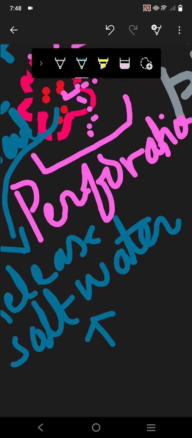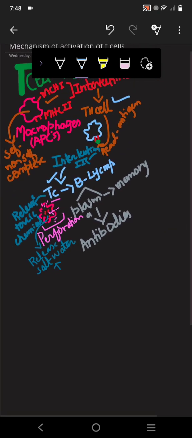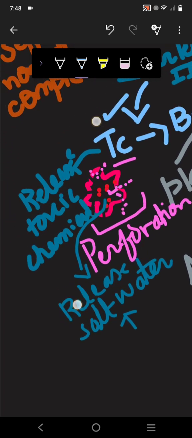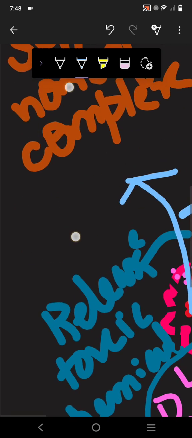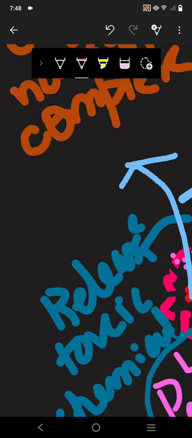Another condition is that an enzyme is released, and that enzyme is known as granzyme. Let me write it here. We'll discuss the purpose of it as well.